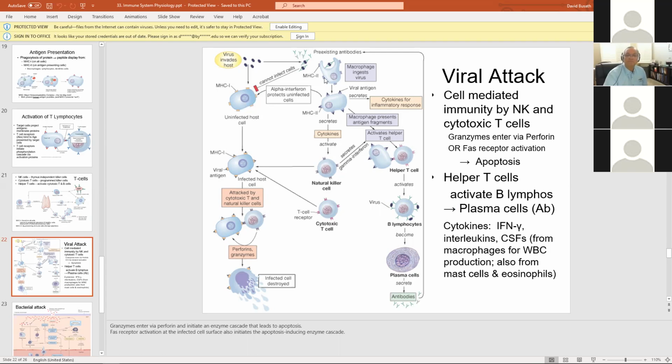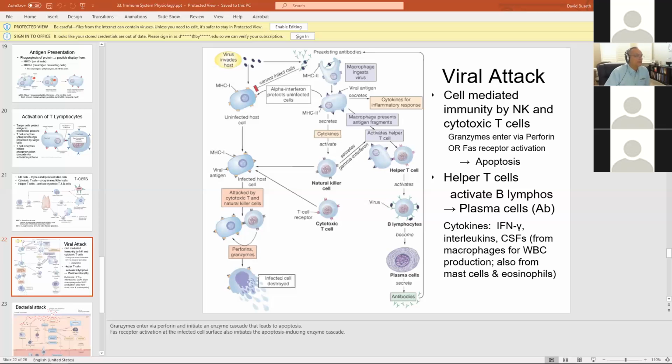And they also can opsonize the virus so that macrophages can ingest them more easily. So think of this as the virus acquired immunity mechanism. What about the bacterial acquired immunity?